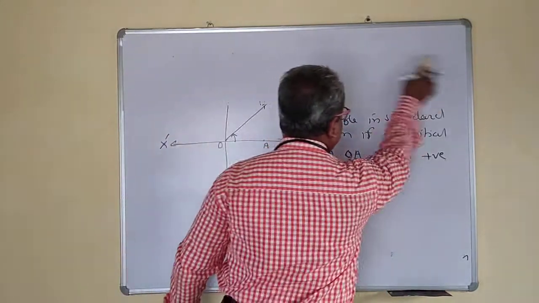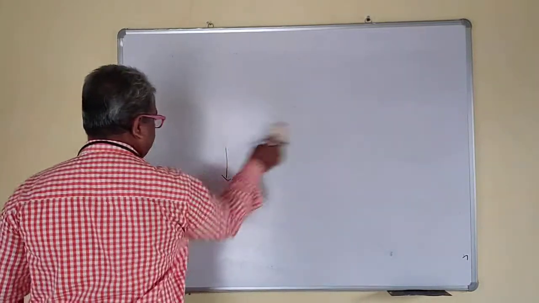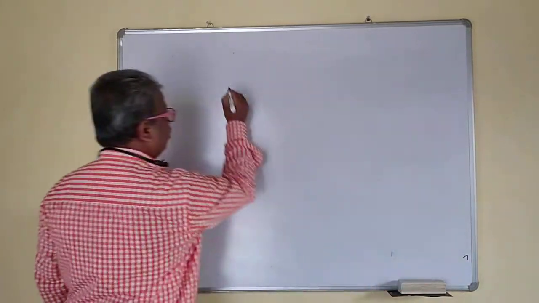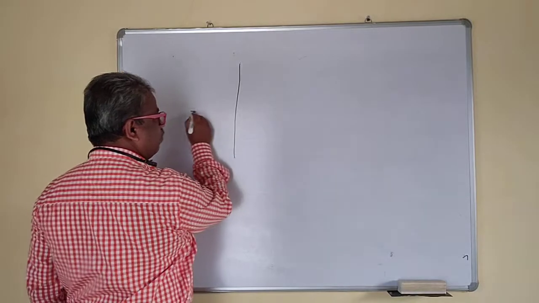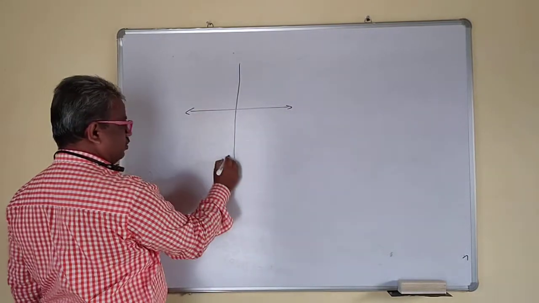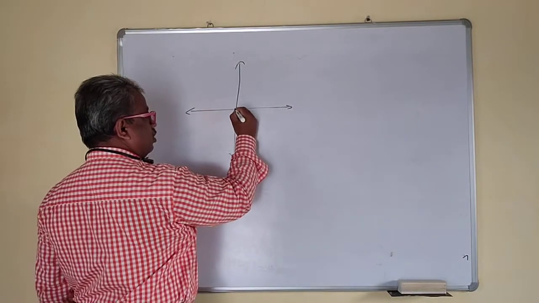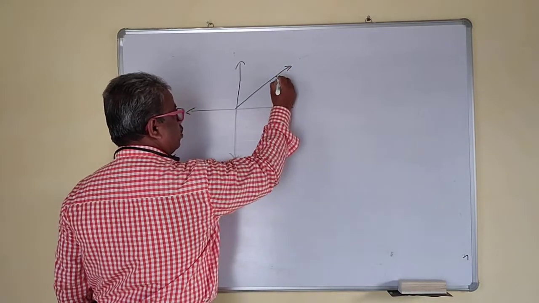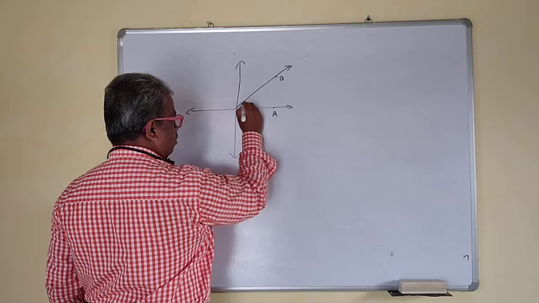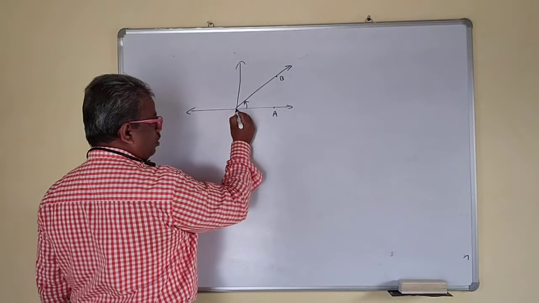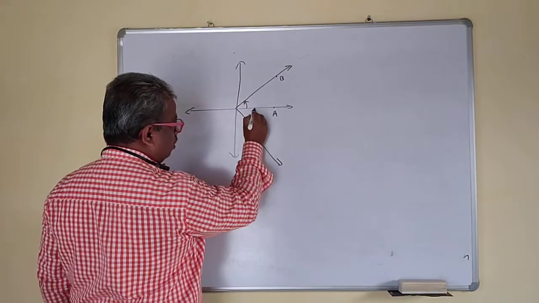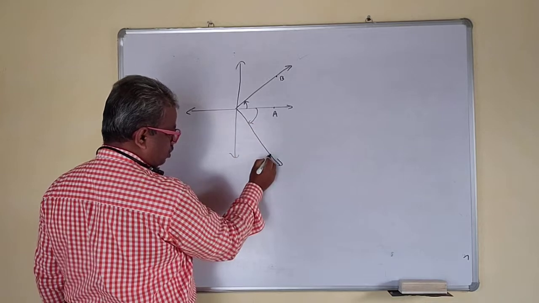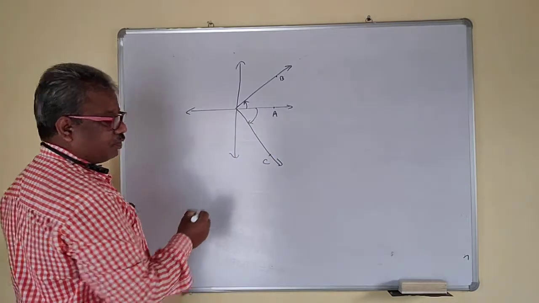Now we'll see some examples of directed angle. For directed angle we need the x-axis and y-axis. Suppose this is A, suppose this is B, and suppose this is C, okay?